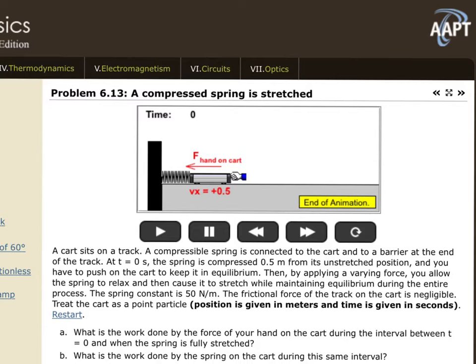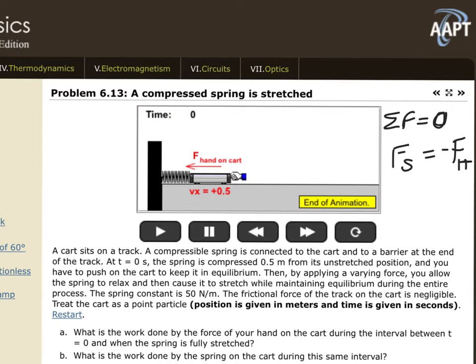see, the force of the hand on the cart has to be pushing against the spring, right? Because if the speed is constant, the sum of the forces has to be 0. There's no acceleration. And so that means that the spring force must be equal and opposite to the hand force at all times.